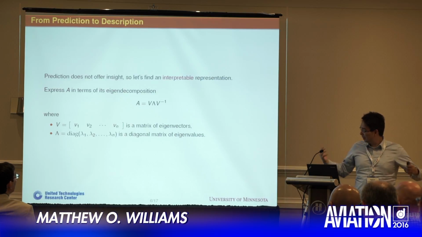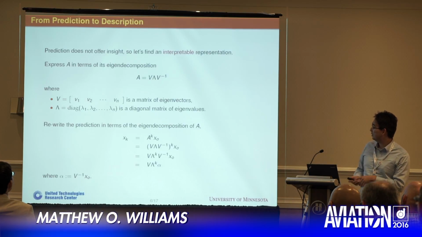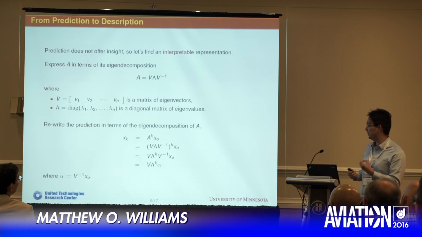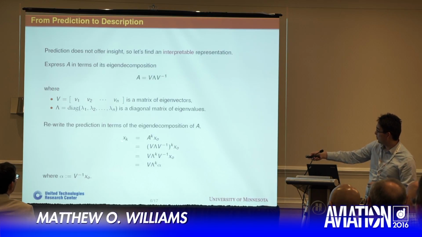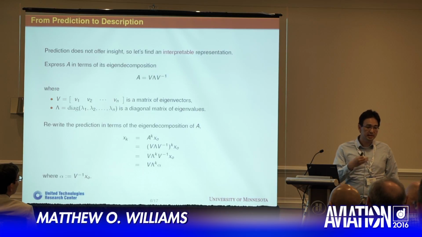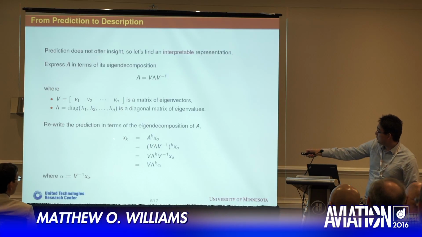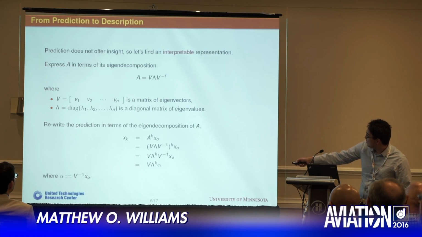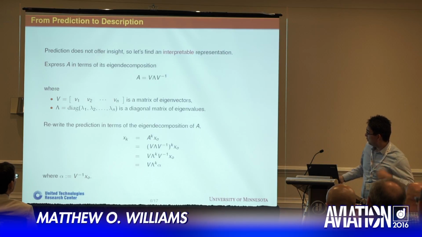And this is linear algebra, but the basic idea of why this eigendecomposition is the right thing to do for the features we care about is that, if I want to predict xk, given x naught, as Mazi said, I multiply by A to the k. But with this eigendecomposition, what I can do is write xk as this matrix vector product, where V is basically holding the spatial profiles.